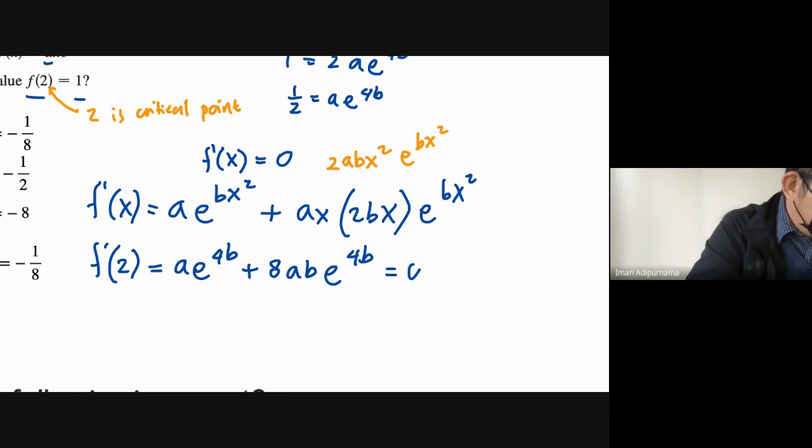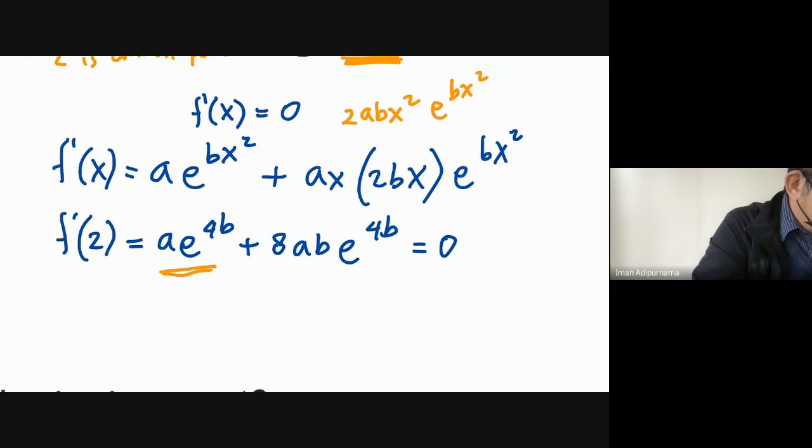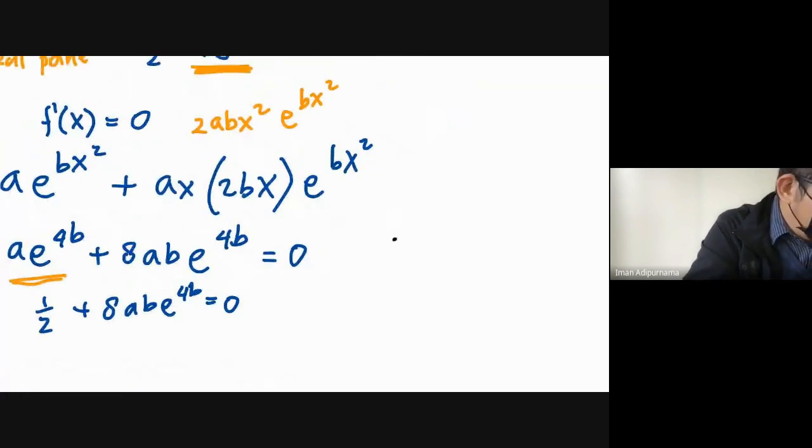This should be equal to 0. Now look at this. We have a e with power 4b, and this is also the same, so I can substitute. This is half, plus 8ab e^(4b). And lastly, I can write 8ab e^(4b) is negative half.